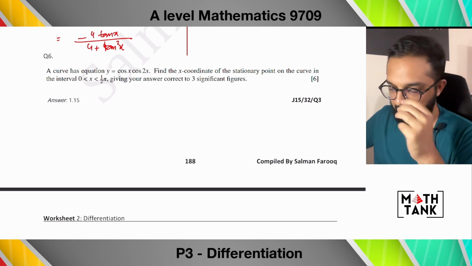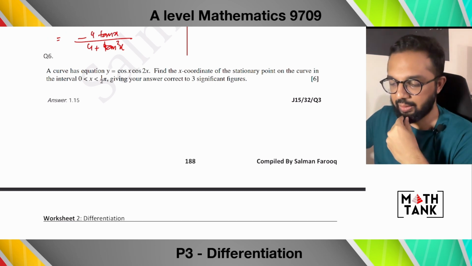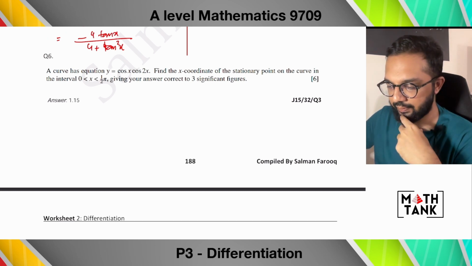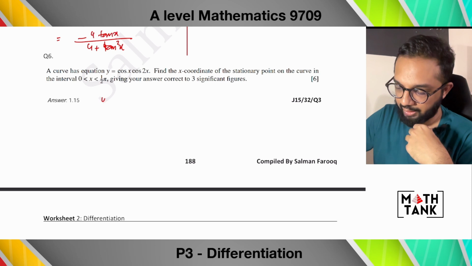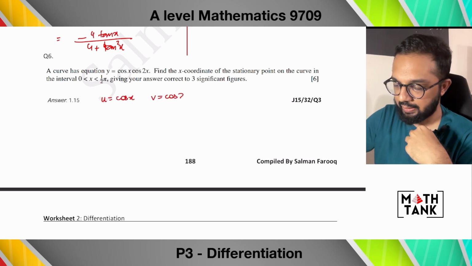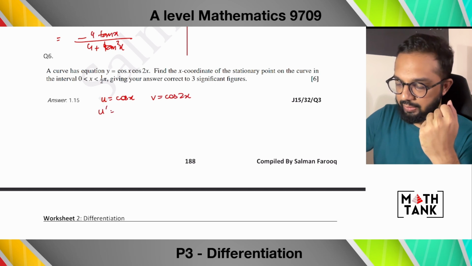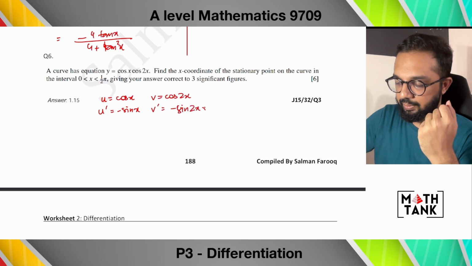It says a curve has equation y equals cos x cos 2x. Find the x coordinate of the stationary point on the curve in the interval, giving your answer correct to 3 significant figures. So u equals cos x, v equals cos 2x, u dash is minus sin x, and v dash is minus sin 2x into 2.